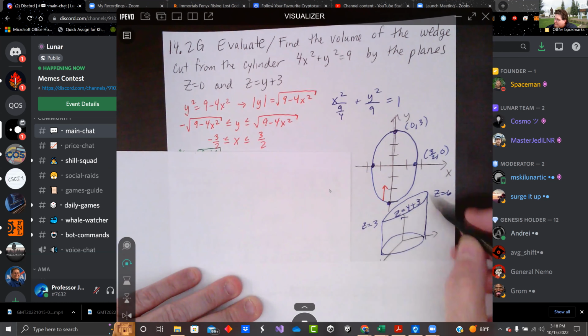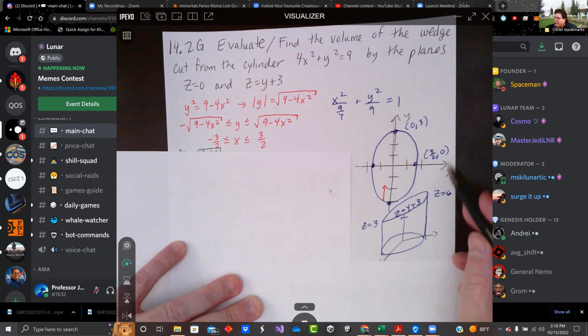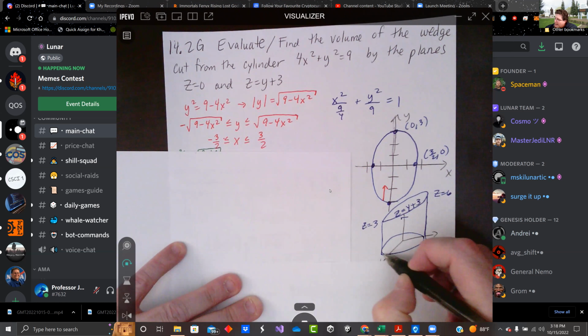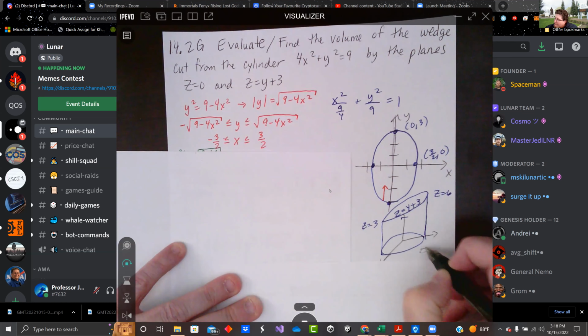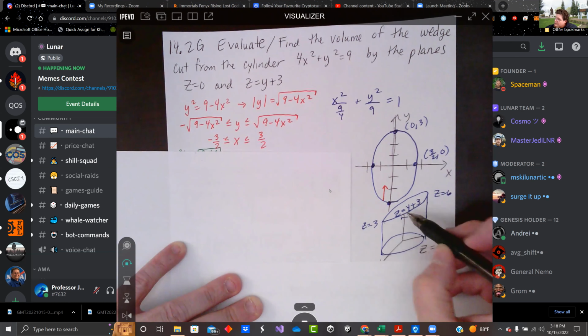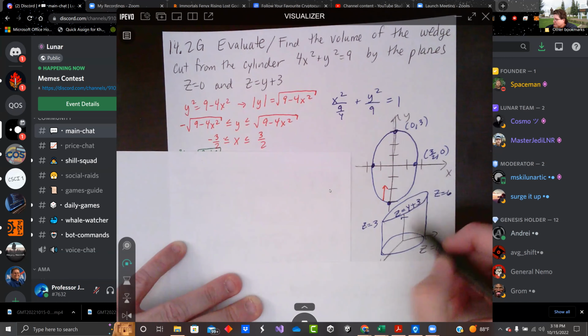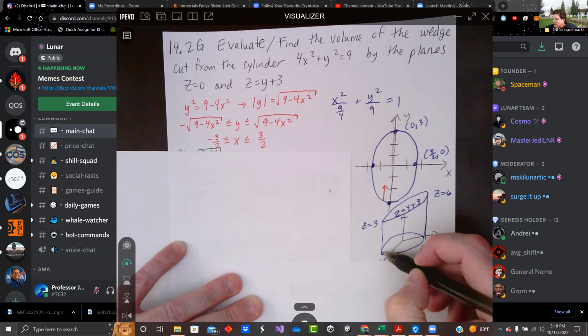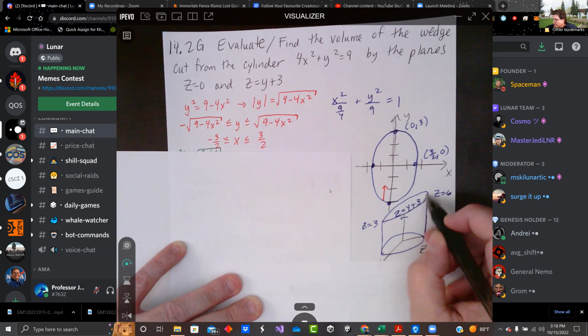The cylinder keeps going all the way up and down. It didn't have any constraints on z, so it goes all the way up and down. We're going to bound it below by z equals 0, and it starts at z equals 3 when y equals 0. Oh, that's not even the lowest. If I plug in y equals negative 3, it should actually come all the way down like this. I drew it wrong.